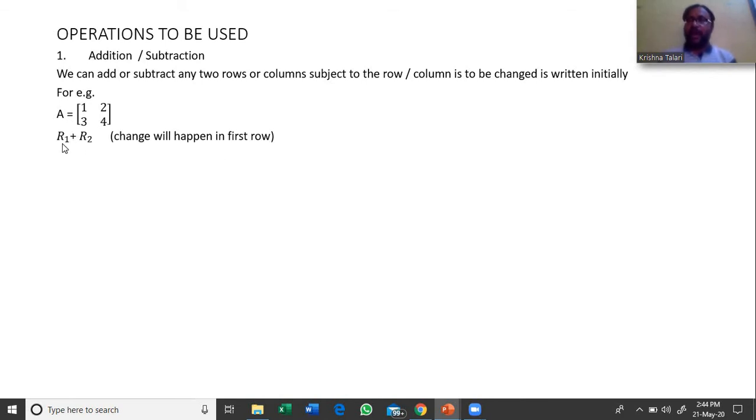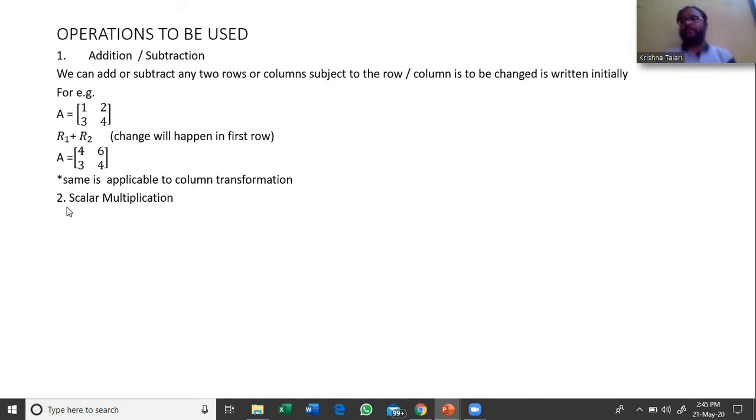Now I am saying R1 plus R2. Since I am writing R1 initially, whatever changes are going to happen will be in the first row. That is, 1 plus 3, which is 4, 2 plus 4, which will be 6. Remaining elements in the second row will be unchanged. So your answer would be 4, 6, 3, 4. Then the same thing would be applicable to column transformation also.